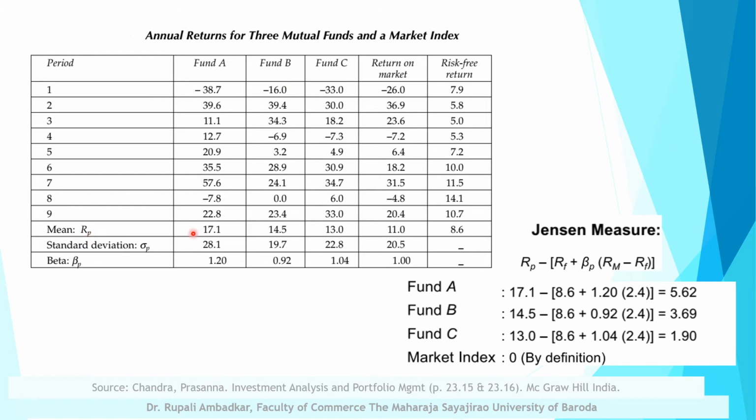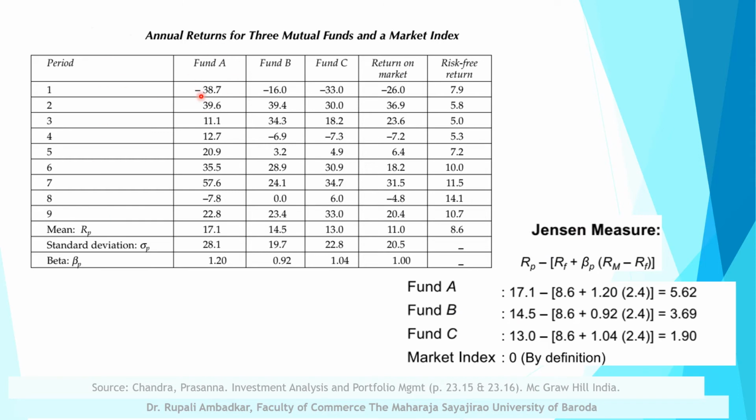The mean return has been provided to you for each of the portfolios as well as for the market and the risk-free rate. The standard deviation for each of the portfolios as well as the market has been provided, and the beta for each of the portfolios as well as for the market is provided. Remember that the beta for a market portfolio will always be 1. So we need to calculate the Jensen's alpha.